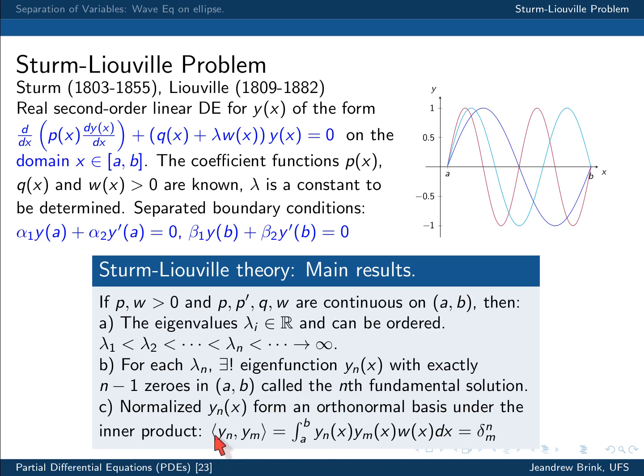So one way you can view these two solutions, in this case, let's say sine of nx and sine of mx, is as two fundamental solutions to this eigenvalue problem. And you can define an inner product between them. The way you define the inner product is simply one function multiplied by the other function multiplied by this weighting function that's in your actual problem itself, and you integrate it over the whole domain.